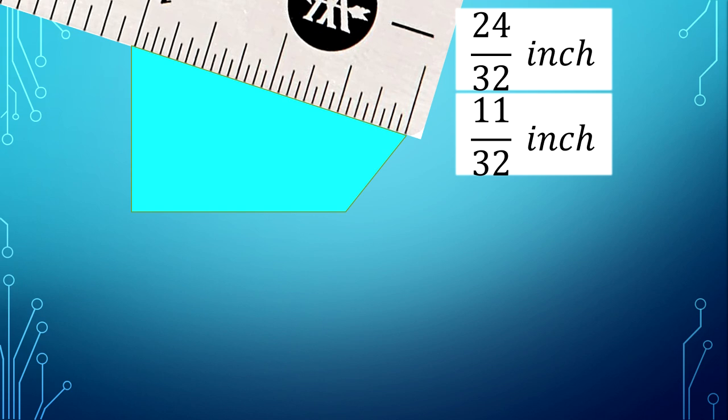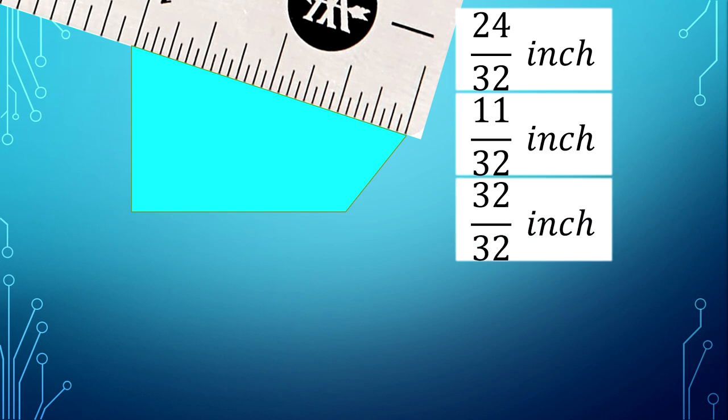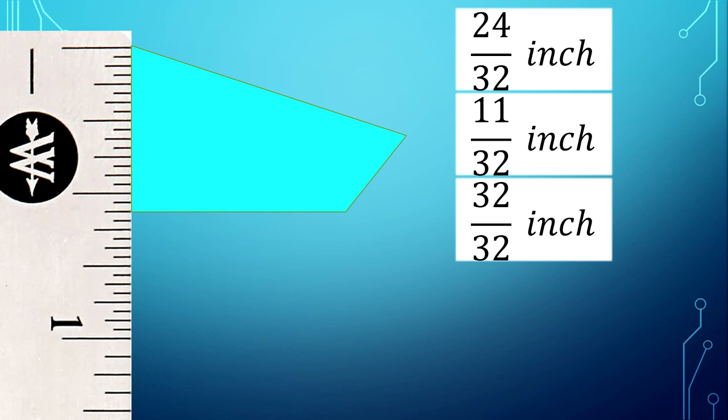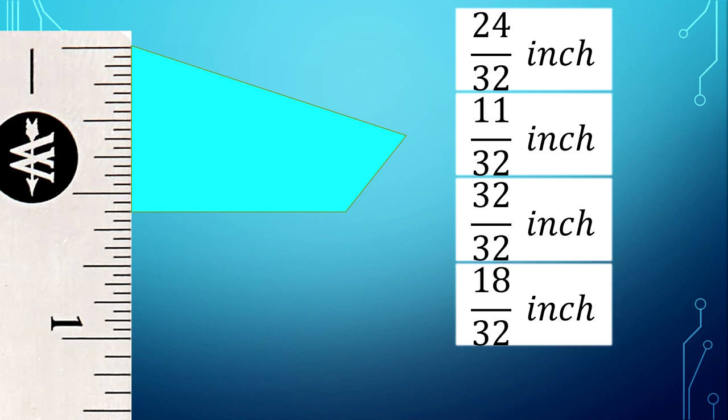All right, looking at this side, this goes the full inch. Now I could write down 1 inch with no fraction, but I want to go ahead and put 32 over 32, which is the same as 1 inch. And then I want to measure this side, which comes to 18 over 32.